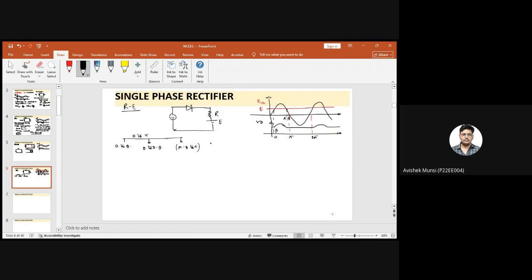So here, if you calculate the I0 average from theta to pi minus theta during the conduction time, it will be 1 by T, integral 0 to T of I0 dt. It can be replaced by theta to pi minus theta, and this will be over 2 pi, the total time period.